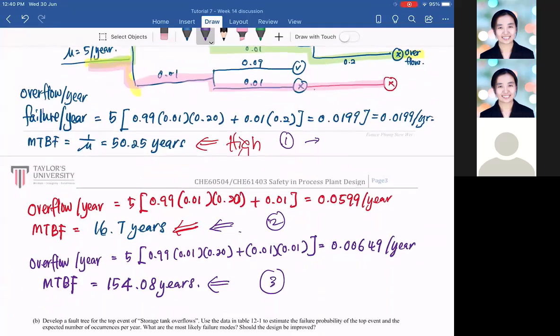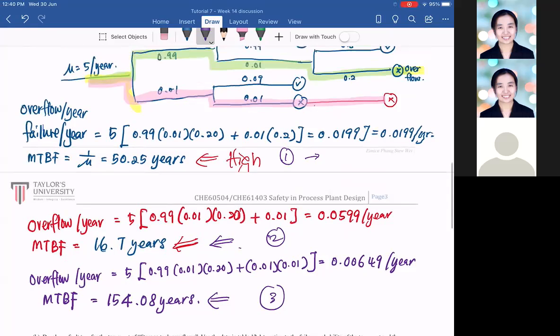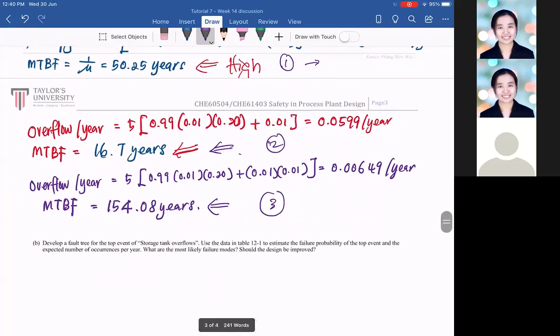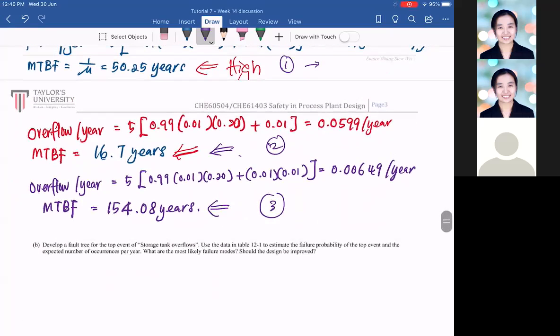That's the most important thing that we look at: how do we improve that mean time between failure so that we make the system reliable? Of course, this is just raw calculation, assuming that we don't really do very good PM. If you do PMs and all that, you can even improve this mean time between failure.